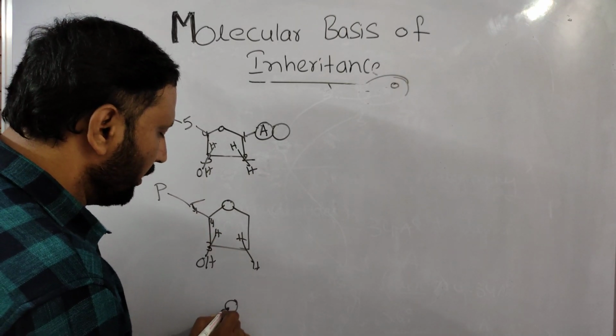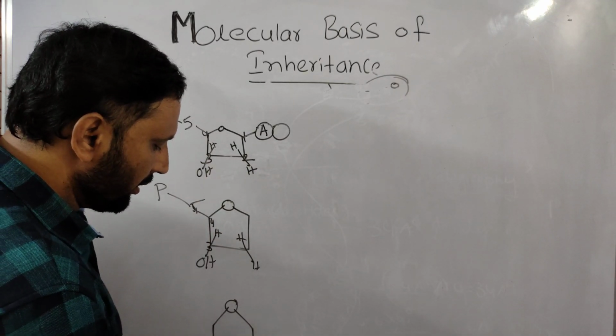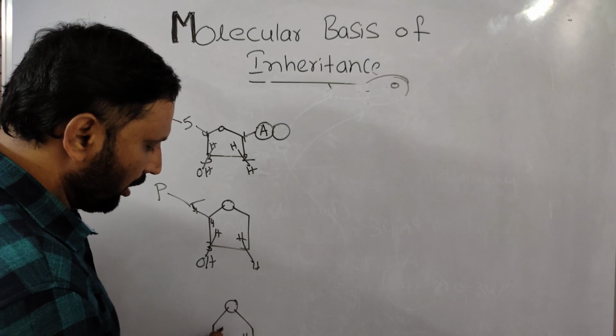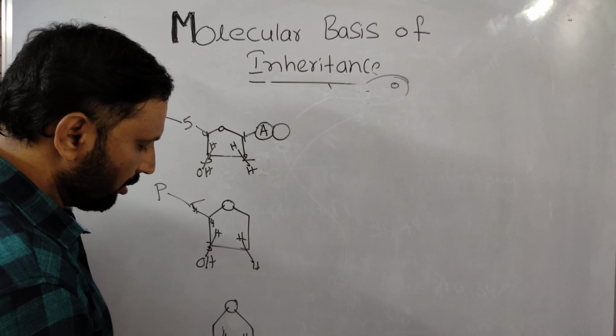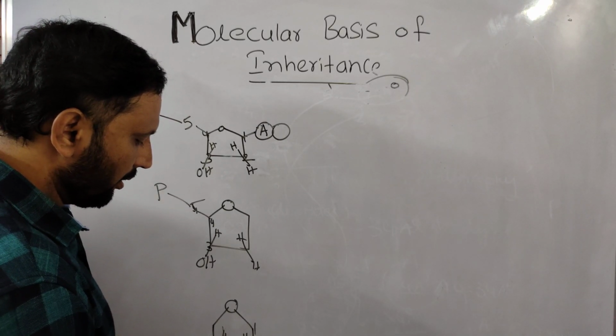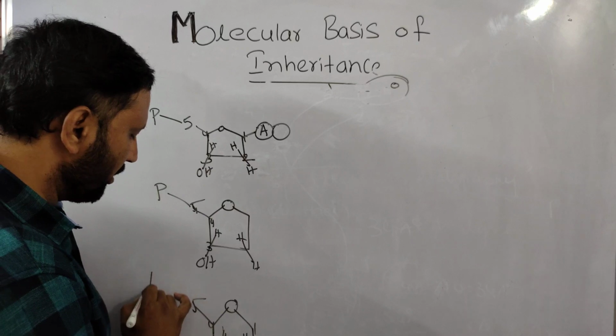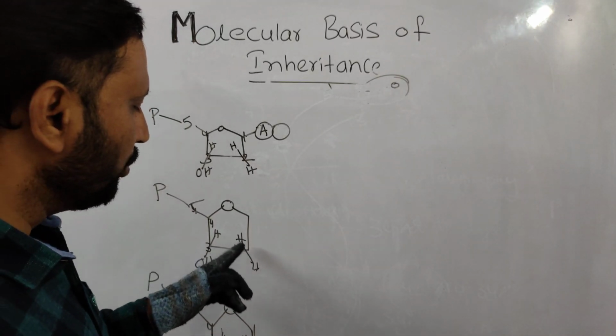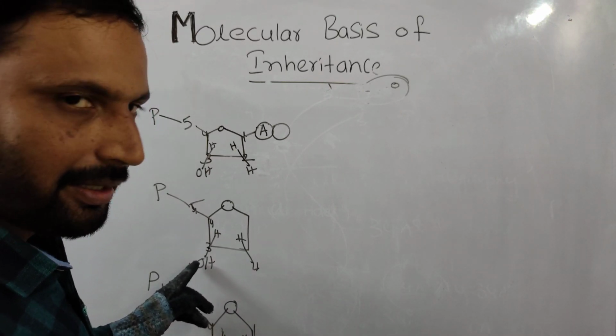I am taking one more thing, so you can understand very easily. This one is H and H, here H and OH. First, second, third, fourth, and this one is fifth. Here also phosphate is adding. Here the second carbon has two H, but here the third carbon has the functional group.